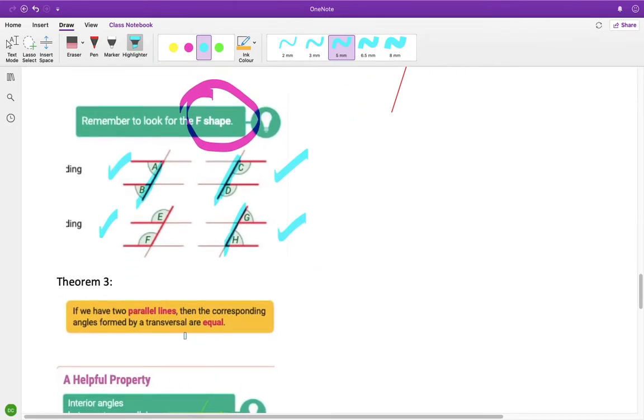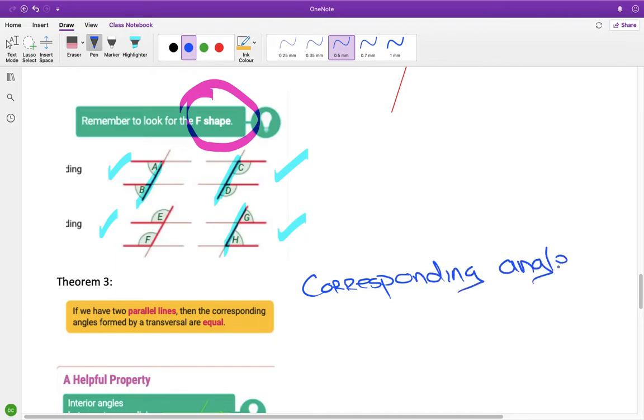And the theorem says that if we have two parallel lines, then corresponding angles formed by a transversal are equal. Or slightly more normal: corresponding angles are equal in measure.